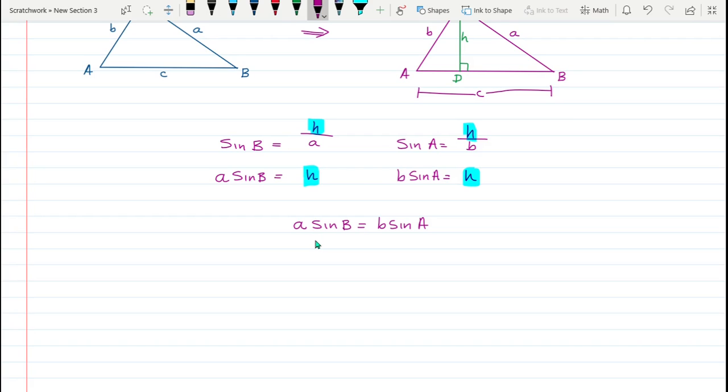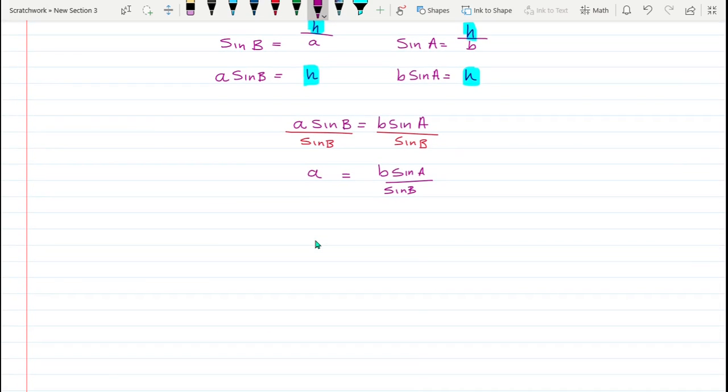We can begin by dividing both sides by sine of B, and we get a is equal to b sine of A divided by sine of B.